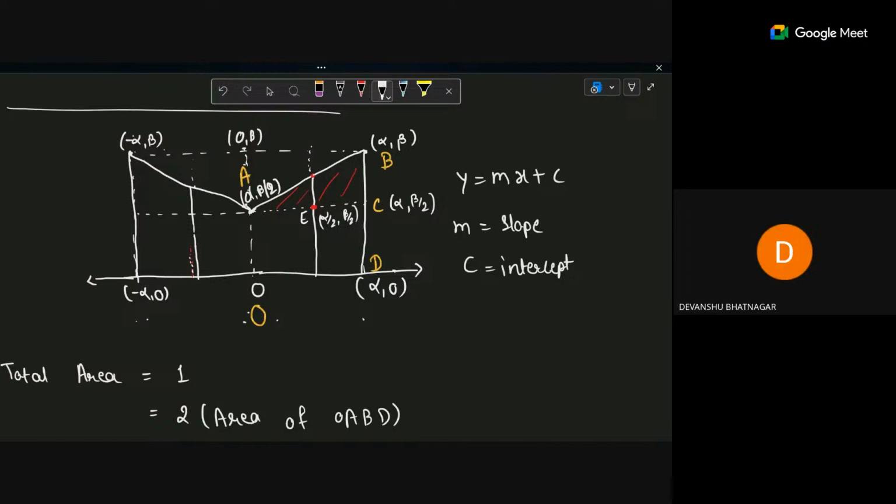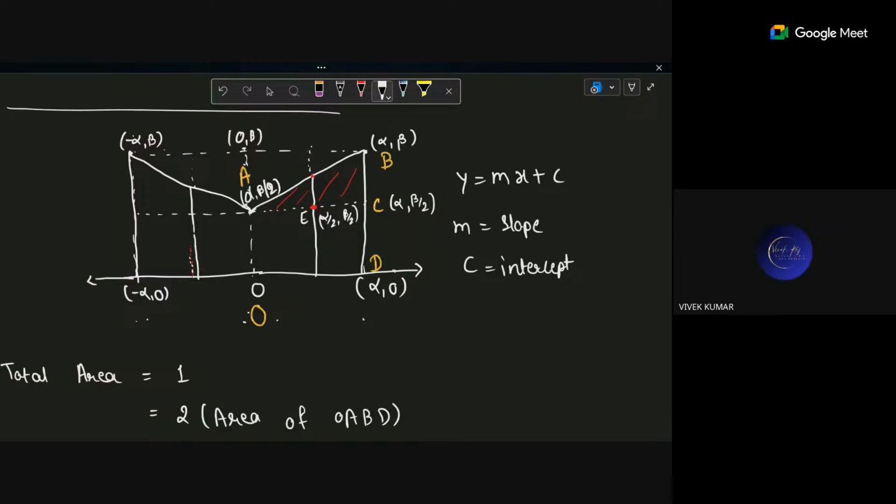By the midpoint theorem, that will be the midpoint of the given line. But how can you claim that's the midpoint? Then we can use the equation of the line: y minus beta over x minus alpha equals beta minus beta by 2 over alpha minus 0.